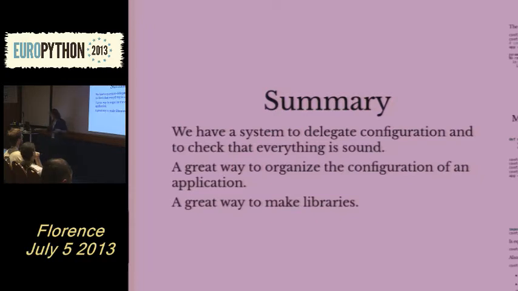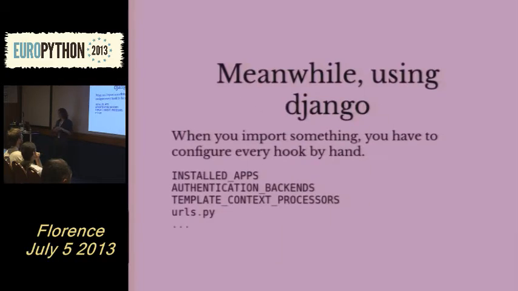Just to give you some comparison with Django, when I want to include a library, I have to configure every hook by hand. I have a list of things in my settings.py. For example, if I want to use Django Browser ID, which does the same thing as Pyramid Persona, I have to add it to my installed apps. Then I have to add an authentication backend to the authentication backends. I have to add something to the template context processors.